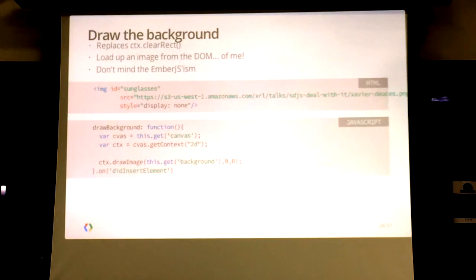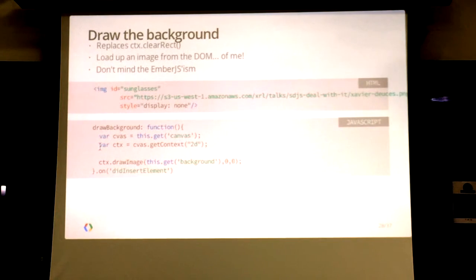All right, so what we're going to do now is get rid of clear rect. It's nice, but I want to put a picture in there, and we're going to put in a picture of me. I've got a picture up on S3, put it in the DOM, and let my web browser put it in memory and take care of it for me. I'm going to write this new function, draw background.